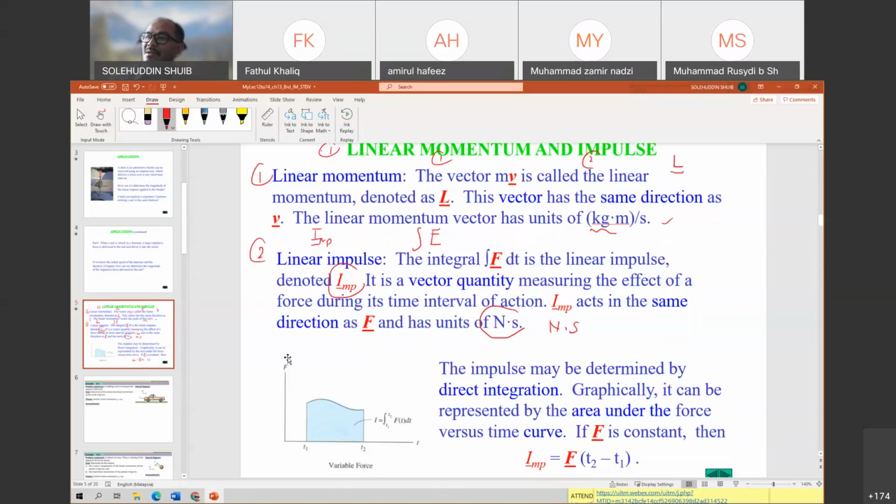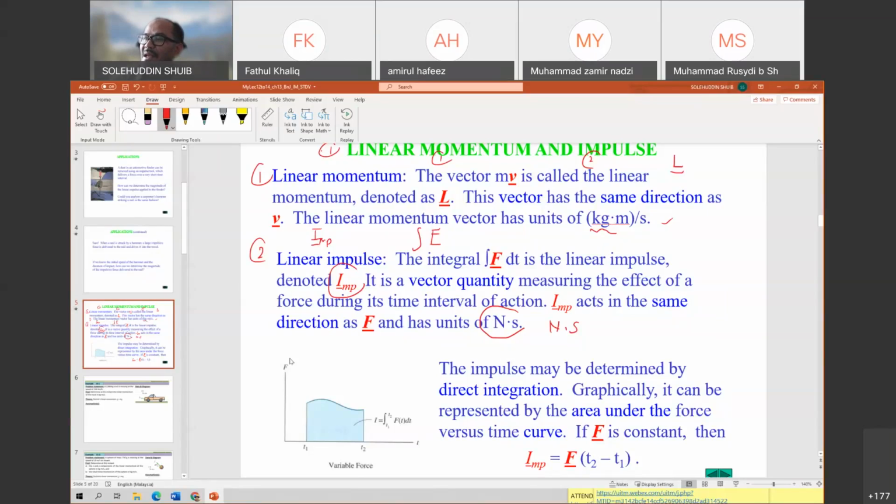Now we want to look at this graph. This graph is the graph of force versus time. This impulse, we can represent by using this graph. From t1 to t2, the area under the force versus time curve is impulse, so we can write this equation.